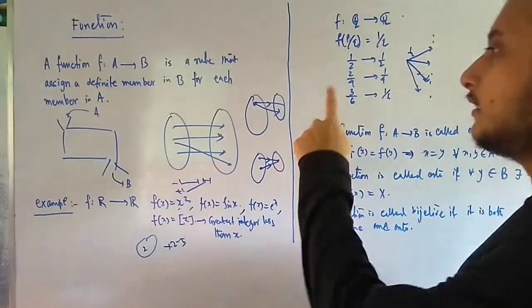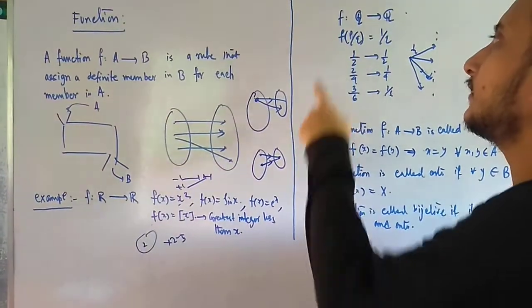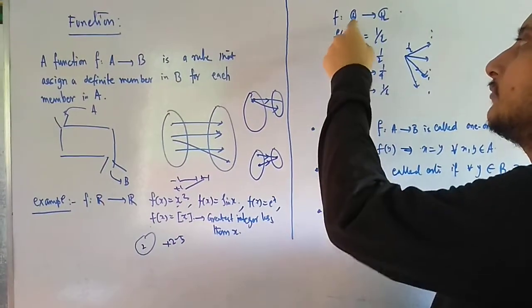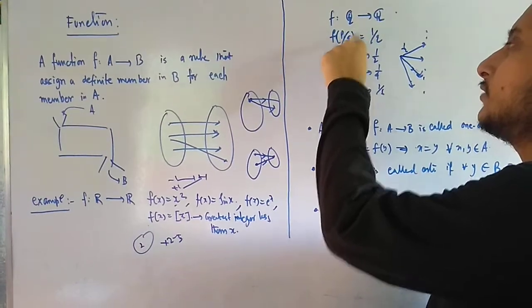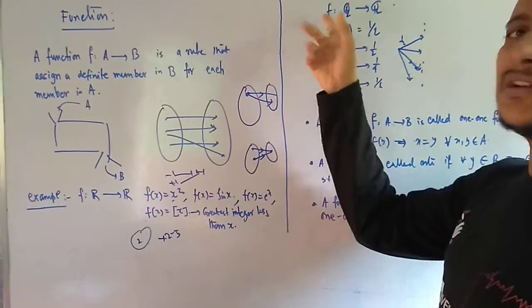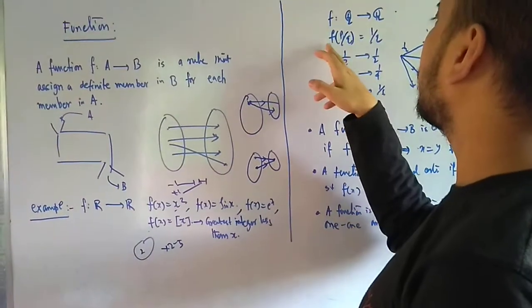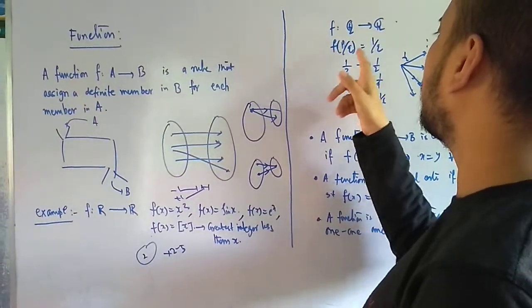And here we have discussed some non-functions. What is not a function? Suppose that f is from Q to Q. Q is the set of all rational numbers that can be expressed as p by q, where q is not equal to 0. This is primary school level matter. So f of p by q is equal to 1 by q.